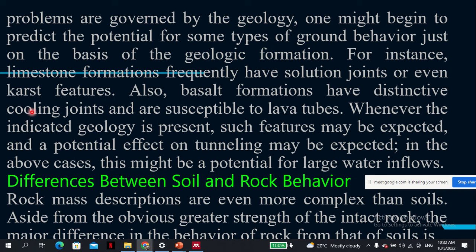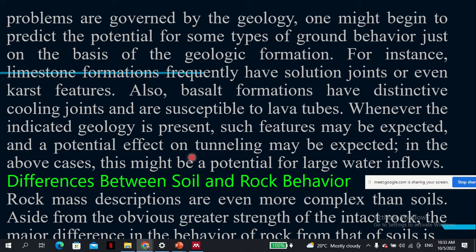Also, basalt formations have distinctive cooling joints and are susceptible to lava tubes. Whenever such geology is present, such features may be expected. The potential effect on tunneling may be expected in the above cases. This might be a potential for large water inflow.